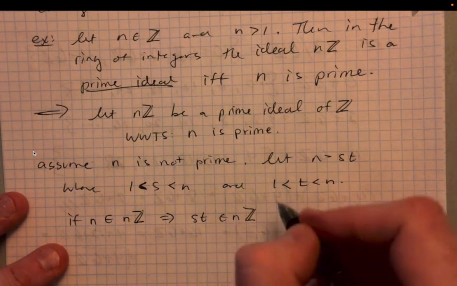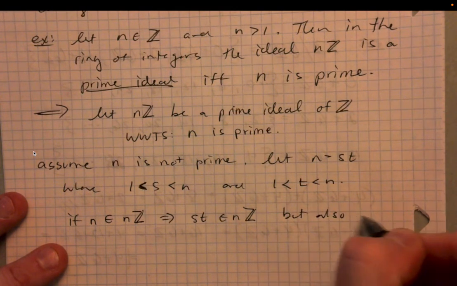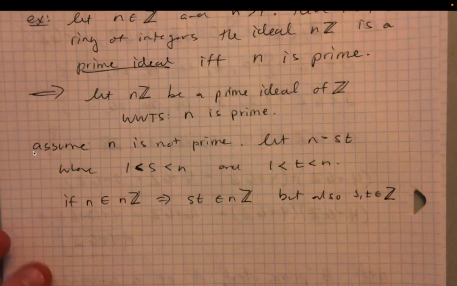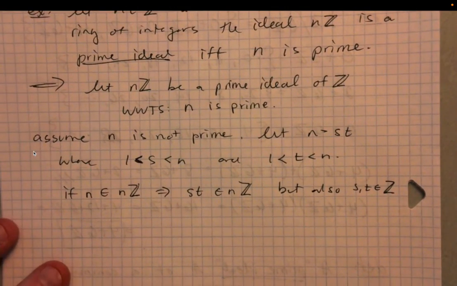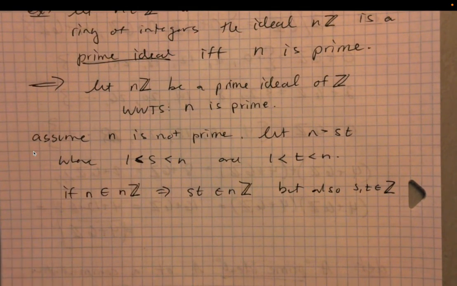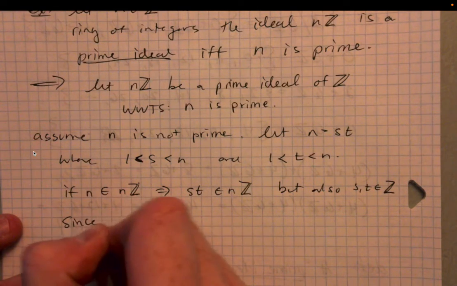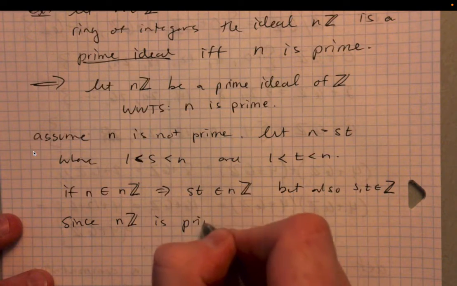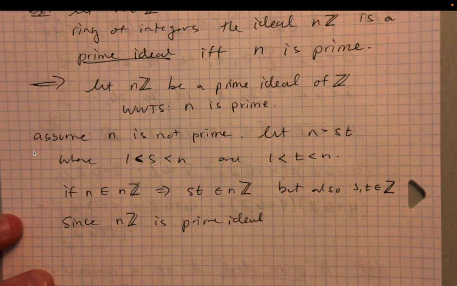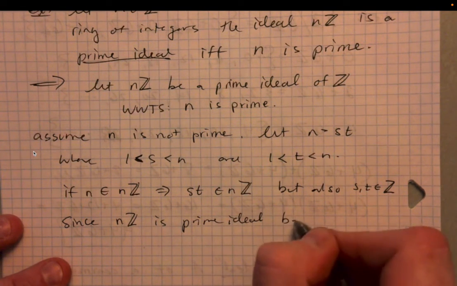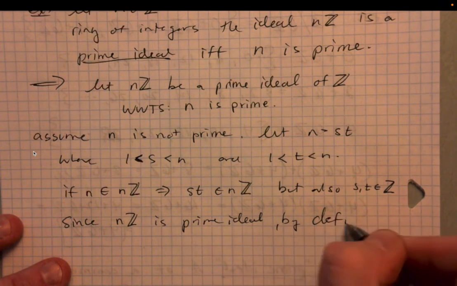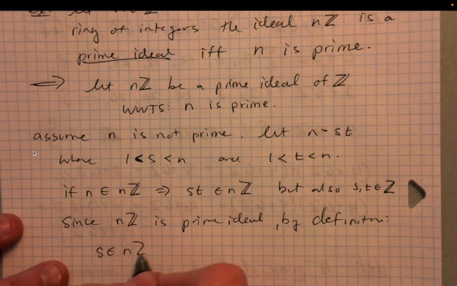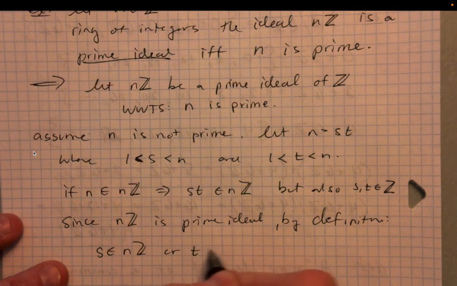But also, of course, s and t are integers. So since nZ is a prime ideal, by definition, s is in nZ or t is in nZ.